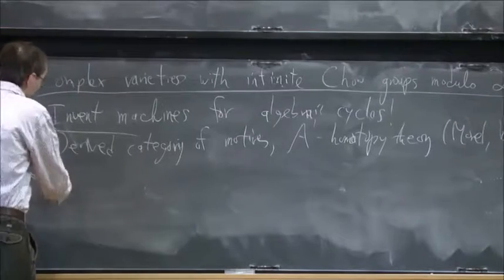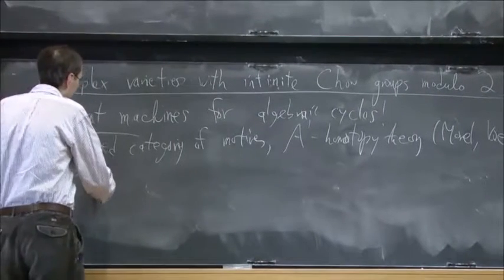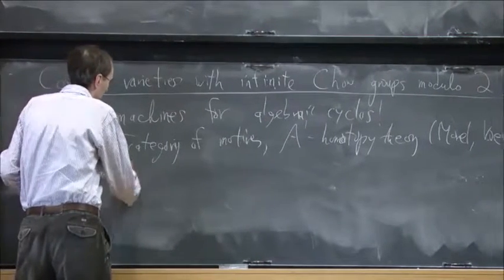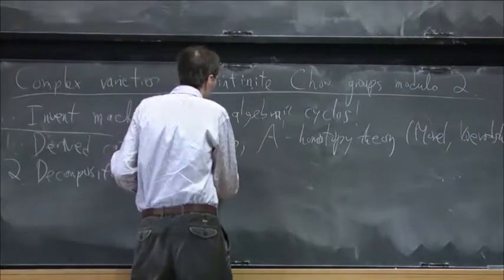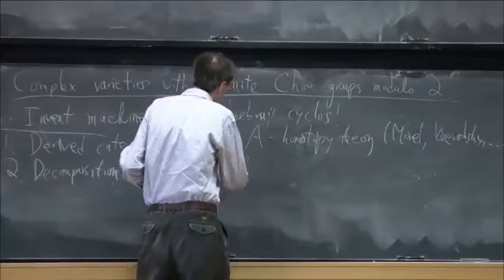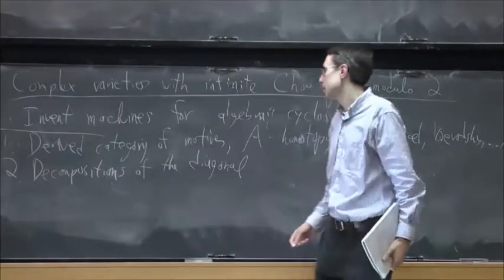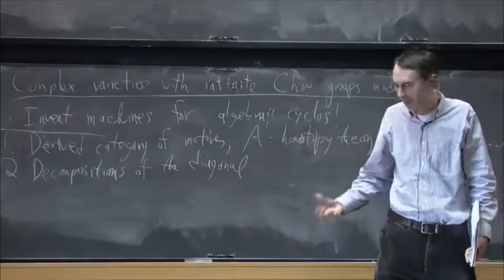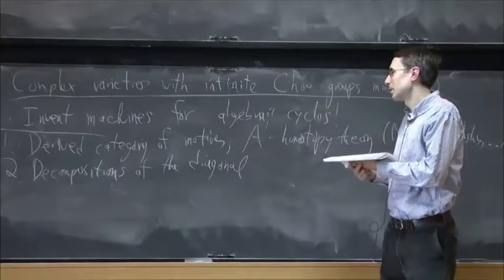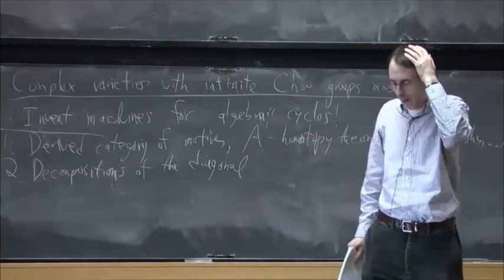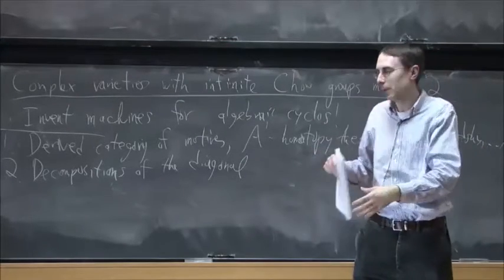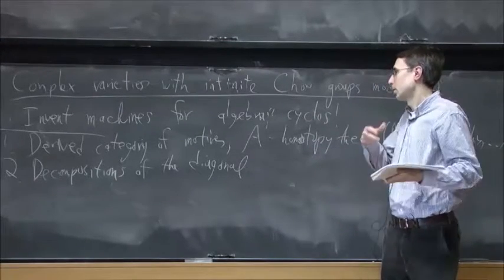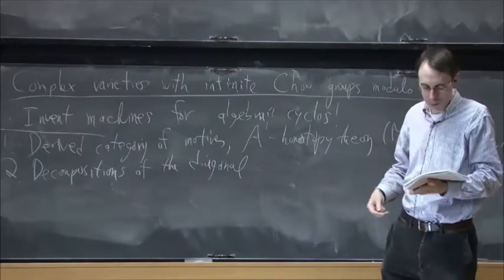Another one, in a very different direction, is this argument about decompositions of the diagonal. I won't really try to describe this, but basically it's a very short argument about the relation between how Chow groups of a variety behave when you enlarge the base field and the Chow groups of something like the product of the variety with itself.